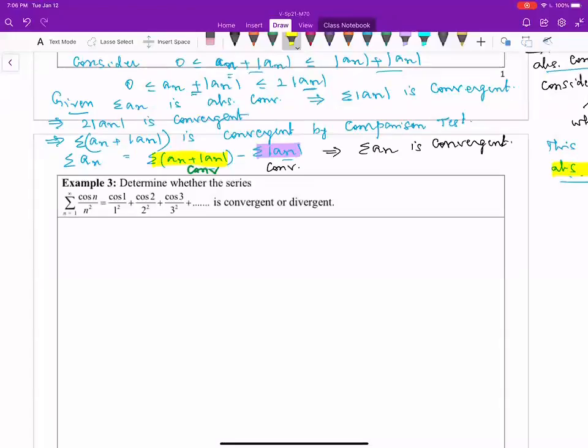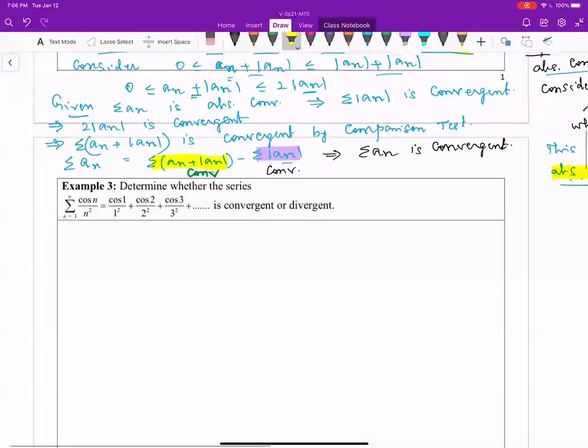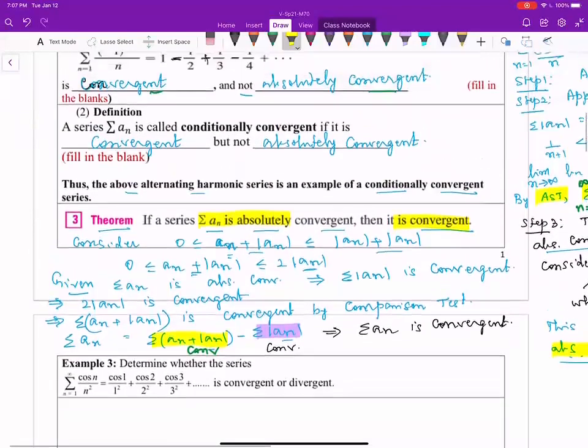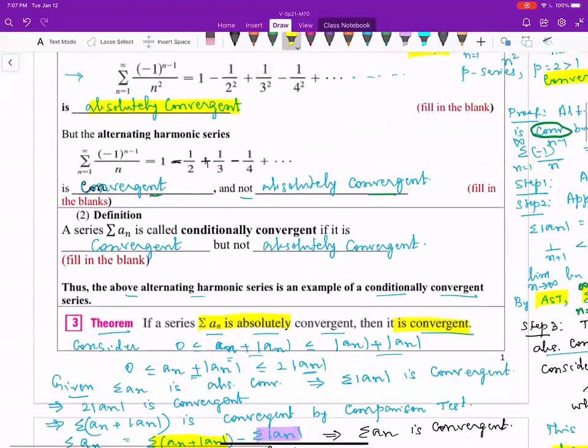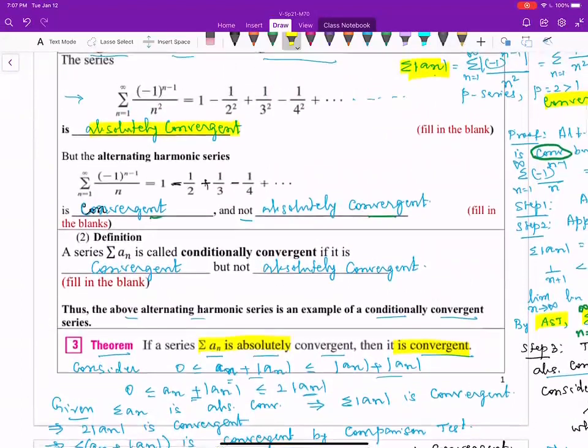Welcome back. This is part B of concepts of section 11.6, which is absolute convergence and ratio and root test. So earlier we saw the definition of conditionally convergent series. A series which is convergent but not absolutely convergent is defined to be conditionally convergent.